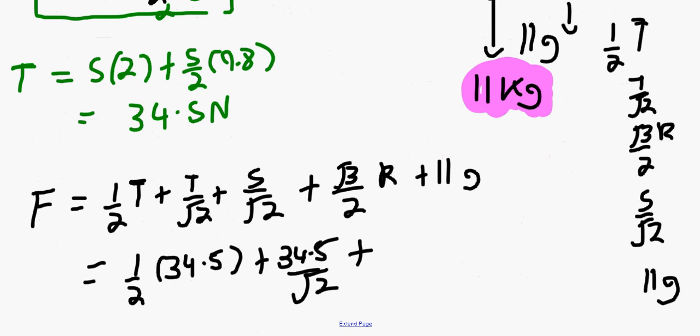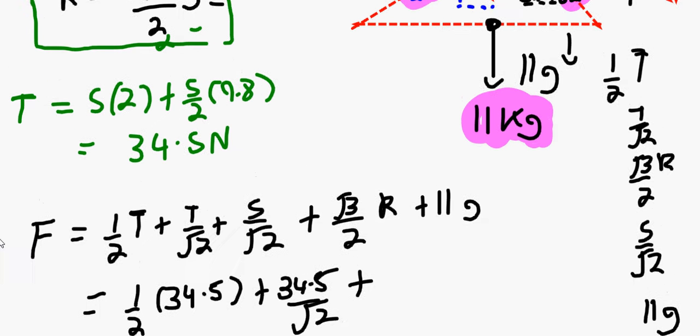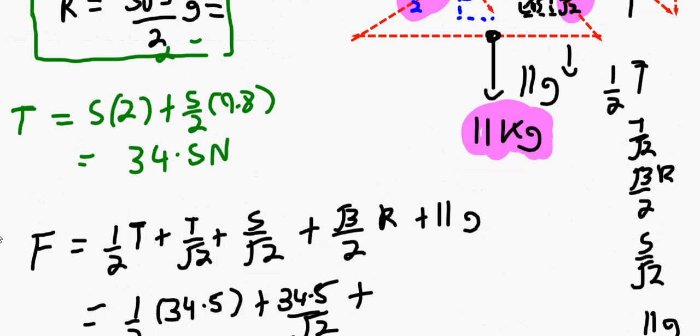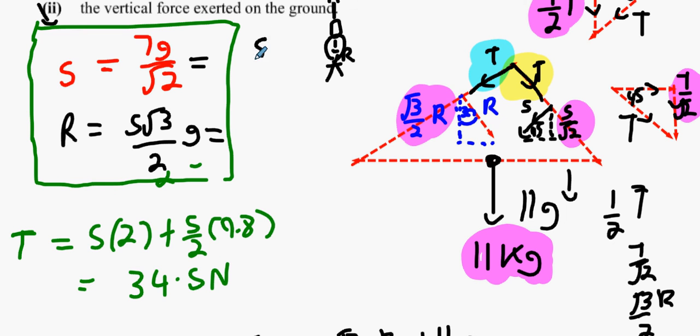Oh yeah, awesome, good point. The root 2's will cancel, won't they? Oh, sorry, they won't cancel. S over root 2 will be 7g over 2, is it? Because the root 2 is multiplied by 2, so it'll be 7g over 2.